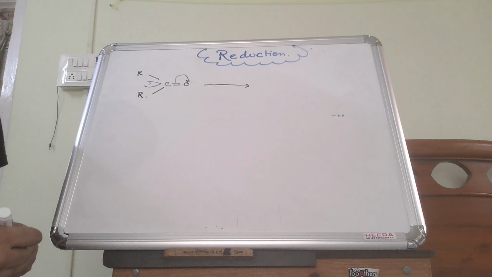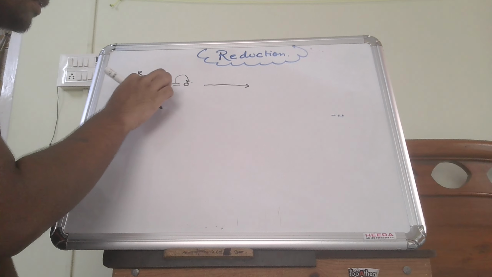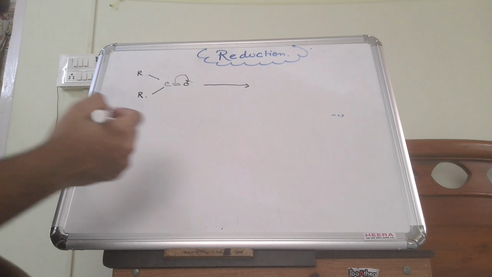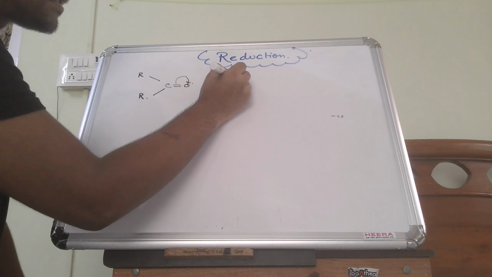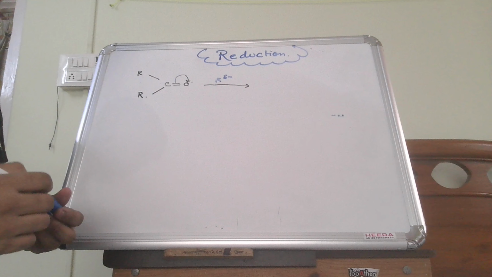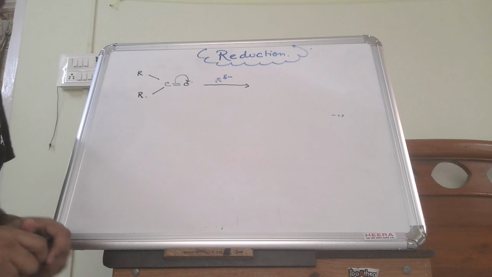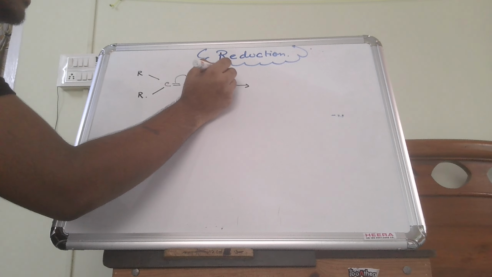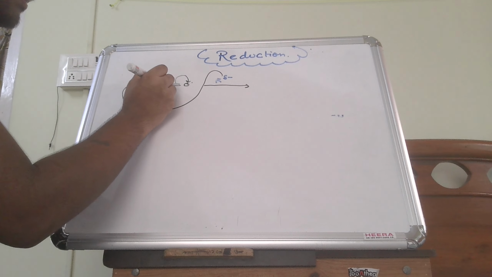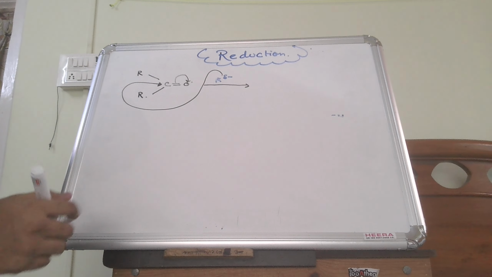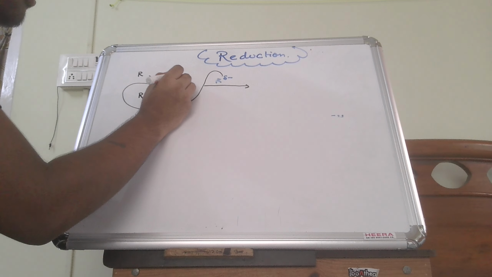Now, what will we be using? Here we can use many things. Suppose first we take R delta minus. Let's see the reaction. The R delta minus will attack the antibonding of the carbon atom, so the bond will open up.